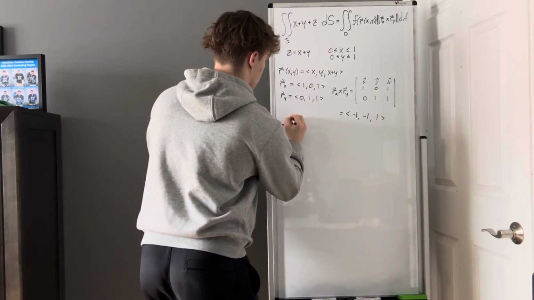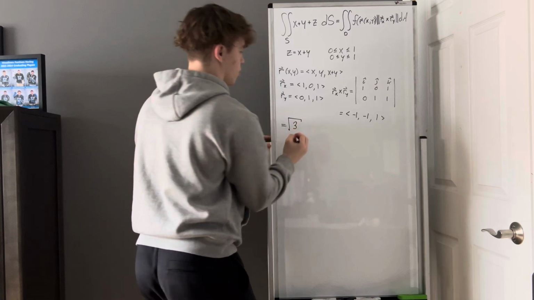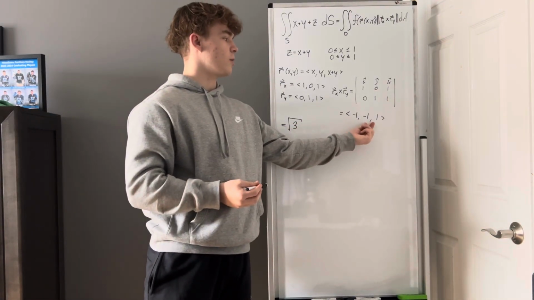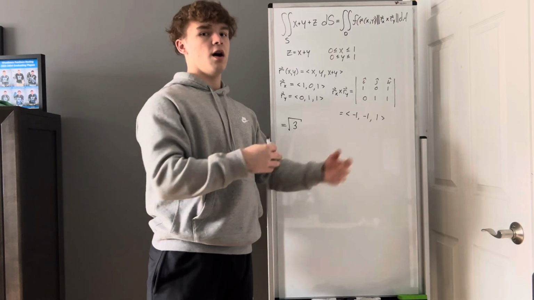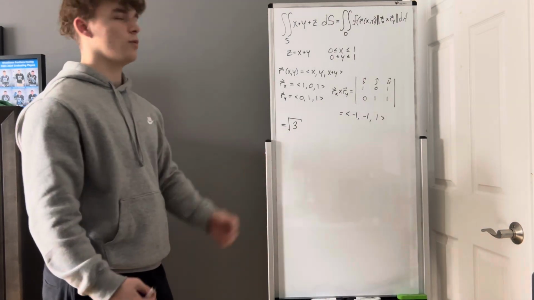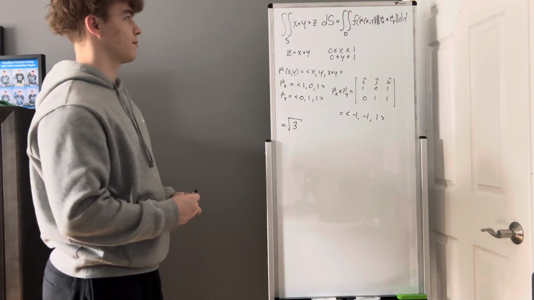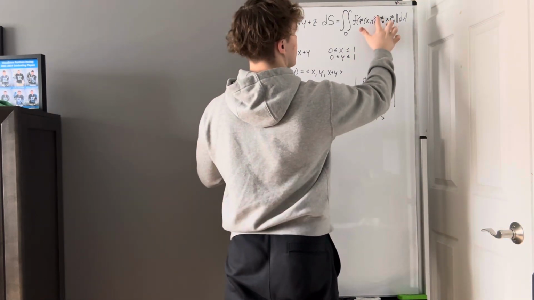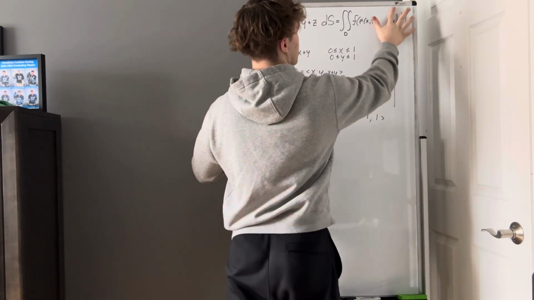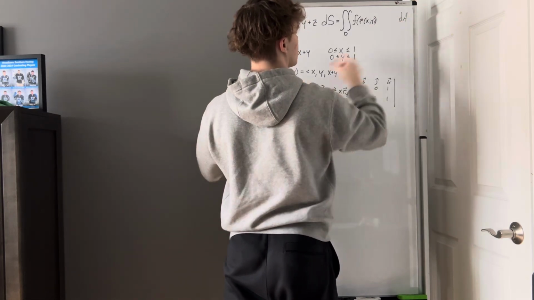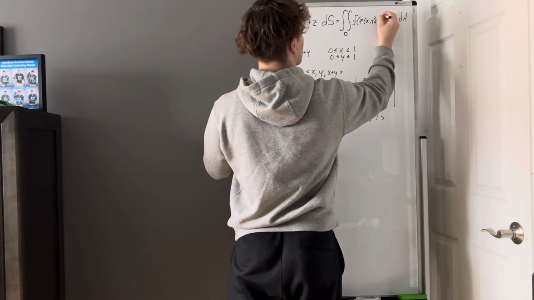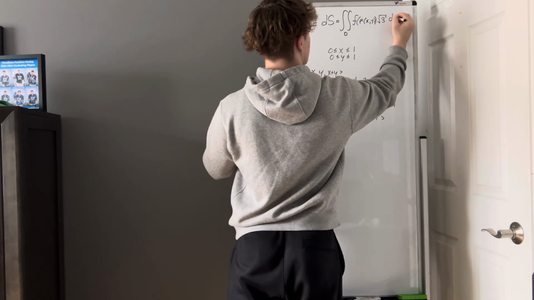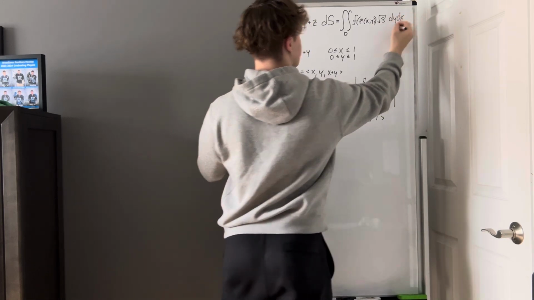This will be √3. Remember, it is -1 squared plus -1 squared plus 1 squared, all under a square root, which will give you √3. So we can now say that this is √3, and this is, say, dy dx.